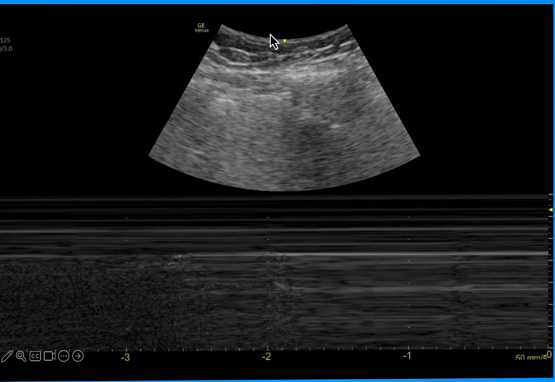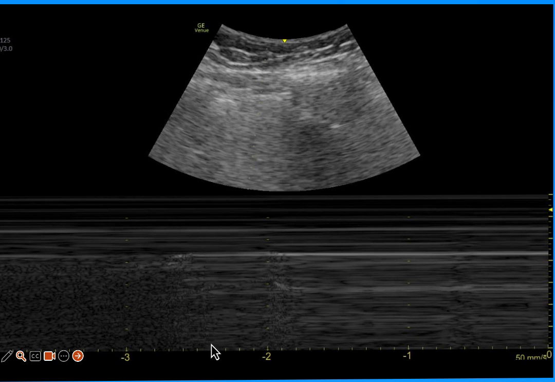Now, if you throw the M mode line down, you'll be able to see as the lung with actual sliding moves past that point, you'll see this nice gritty echo texture that we talked about, indicative of lung sliding. And then after that, we have our nice horizontal lines indicative of no lung sliding and the hemothorax.